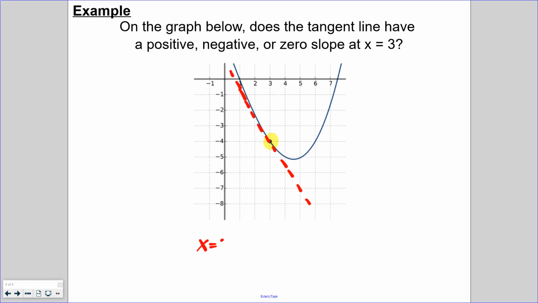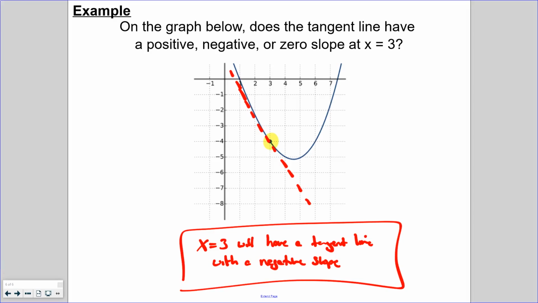So x equals 3 will have a tangent line with a negative slope.